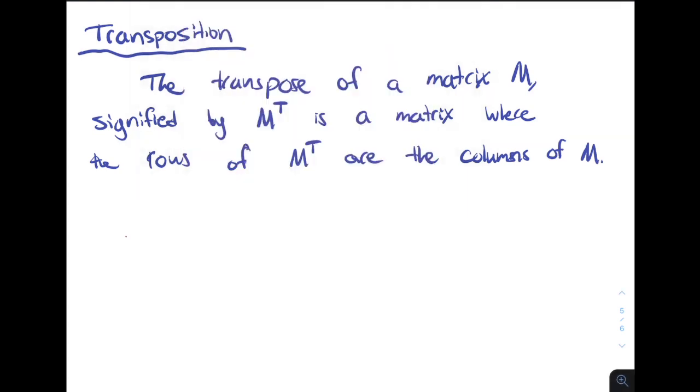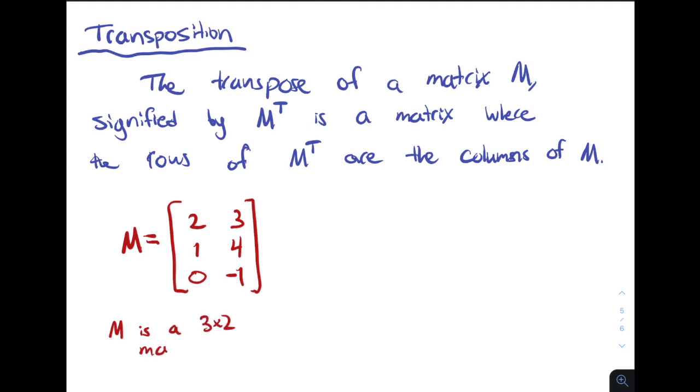Our example of this, we can define M to be the 3 by 2 matrix 2, 3, 1, 4, 0, negative 1. M transpose will have dimensions that are swapped.